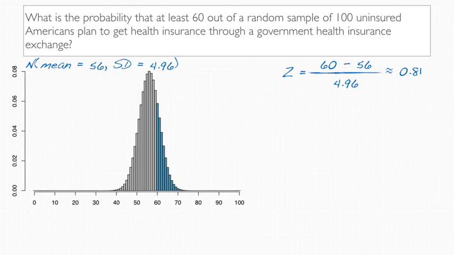The next step would be to find 0.81 on a table, and if you're not sure how to do that, I recommend that you review earlier lectures working with the normal probability table, and we would find the probability to be roughly 0.209.